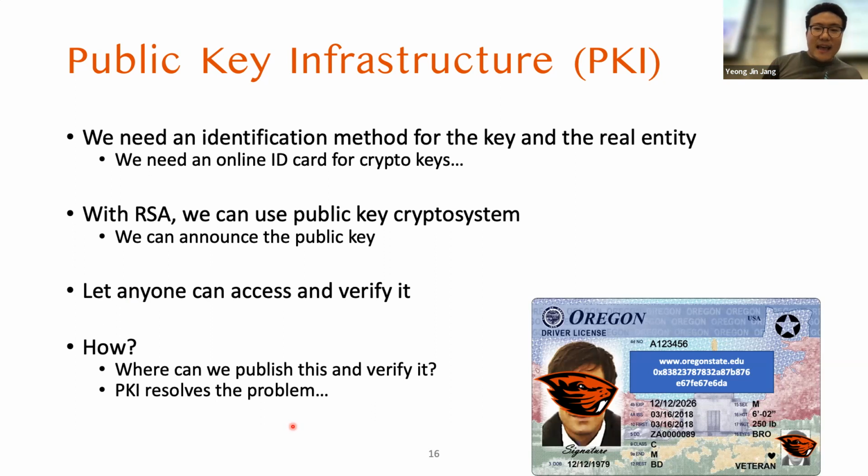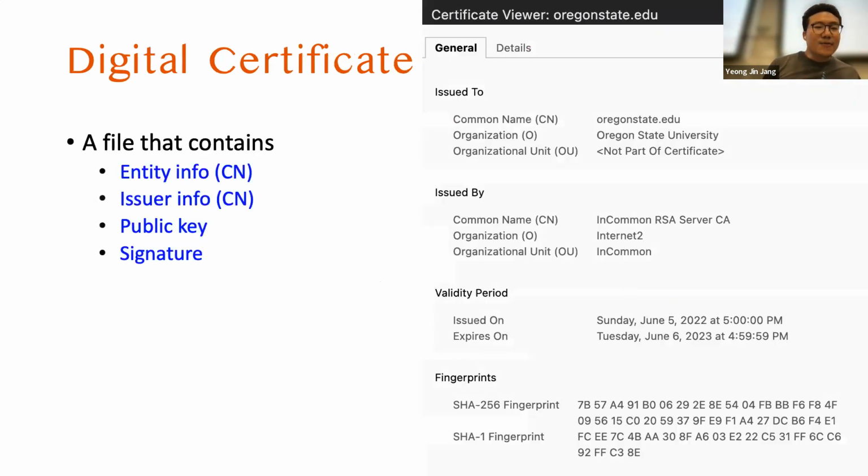To show how we do that, to support PKI, we create the so-called digital certificate. Whenever you connect to any website via HTTPS, you will see the lock icon on the browser. If you click it, go into the security or certificate menu, you will see this kind of certificate.